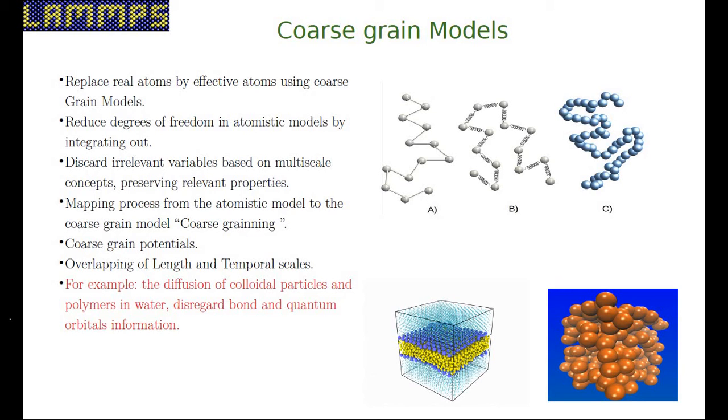Coarse grain models. So basically, the coarse grain models replace real atoms by effective atoms using coarse grain models. So basically, these reduce degrees of freedom in the atomistic models by integrating out.